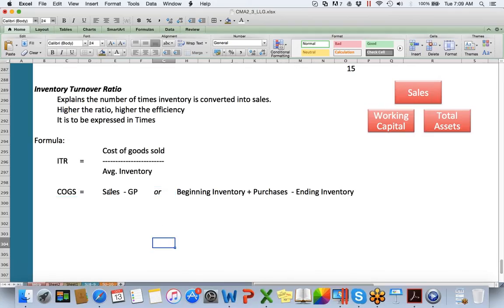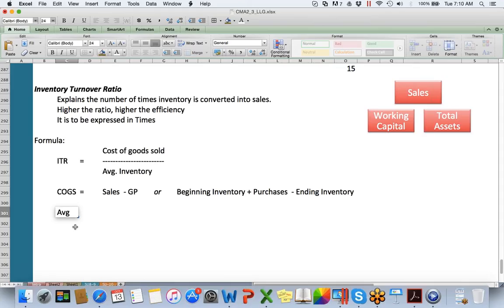It is not that you'll have to use always sales minus GP. It depends upon the information given in the question. So if beginning inventory, purchase, ending inventory are given but sales are not given, you should follow this. If nothing is given except sales and gross profit, we should use this formula, sales minus gross profit.